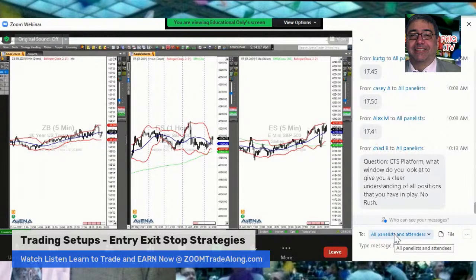All the positions you have in play, I think you have to... If you see that arrow up on top there, click the arrow up on top, next to your, on the bar, and it brings down another window.